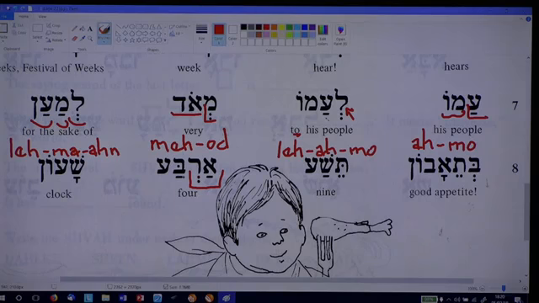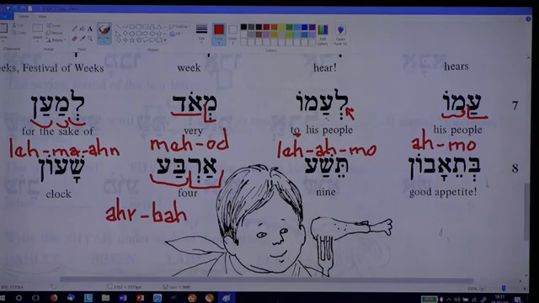Okay? And this is pronounced normally. This is ah, with the resh, R. Arba.